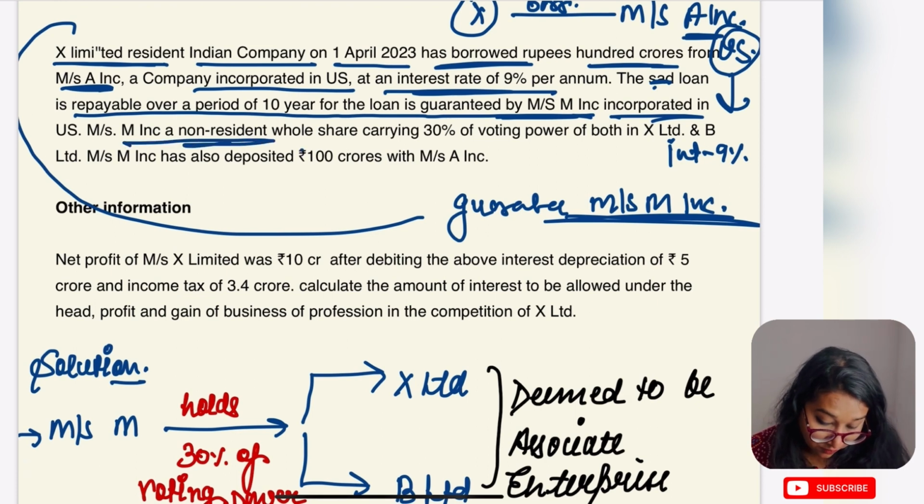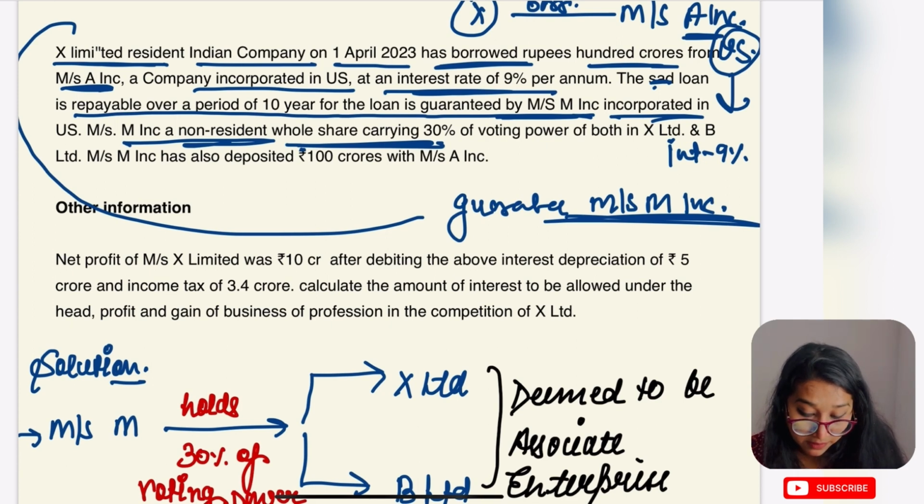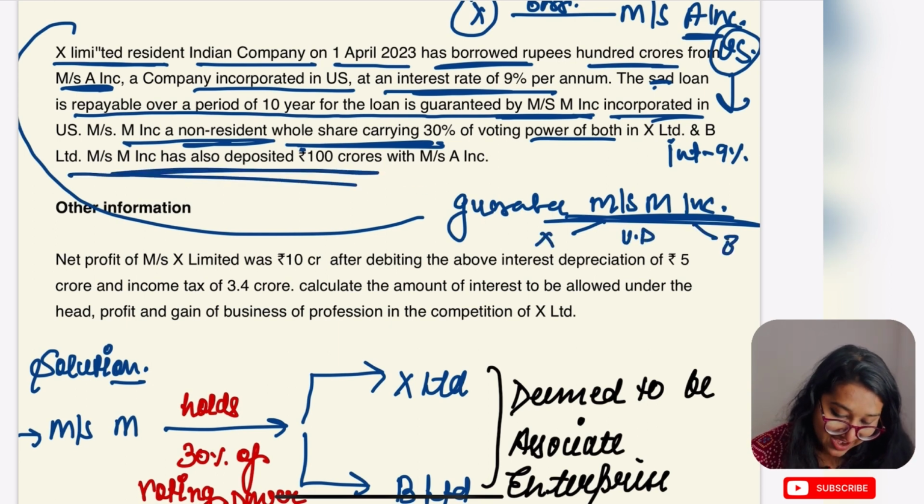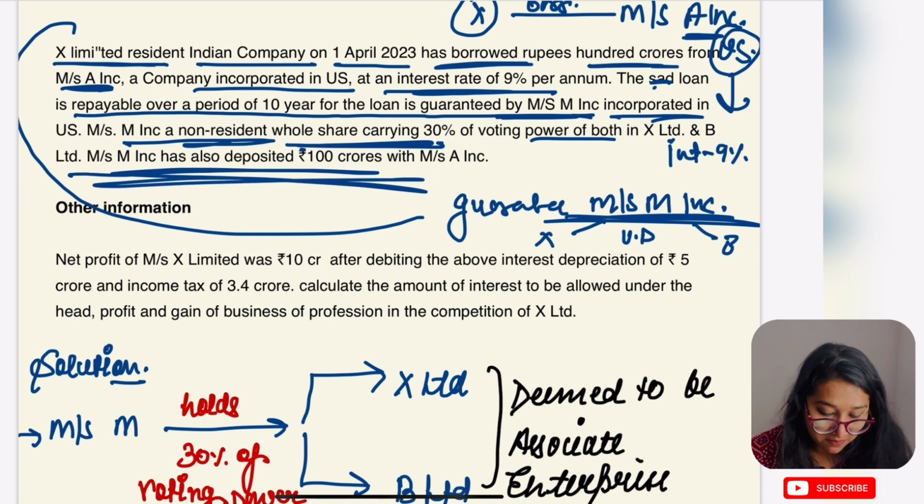M is a non-resident holding shares carrying 30% of voting power in both. Now M has 30% of voting power in X and B Limited. And here comes the point that M also deposits 100 crore with MSA. Is it clear?